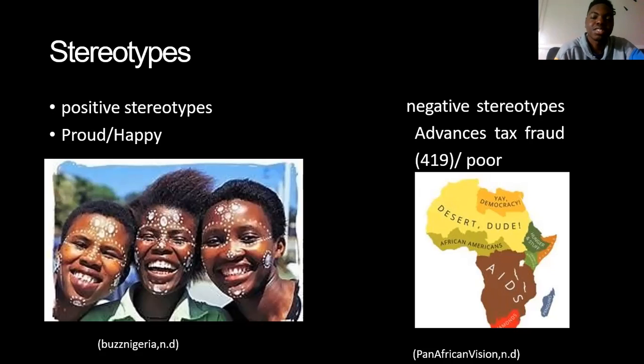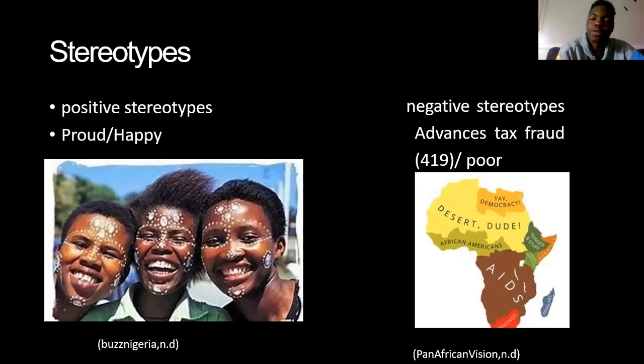With all this said and done, there are also negative stereotypes. Even though we're proud and happy, we're seen as a poor country, which is false, because Nigeria has a lot of sources of income. Our security is actually the fifth most in the world, and we are not living in abject poverty.